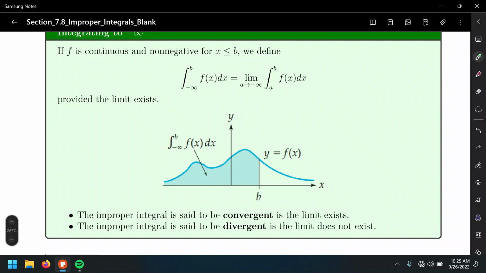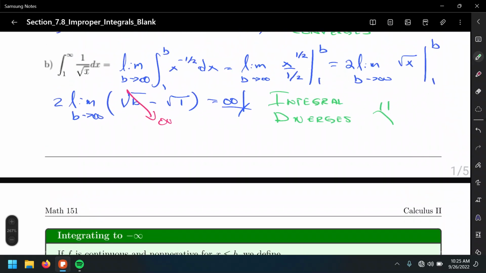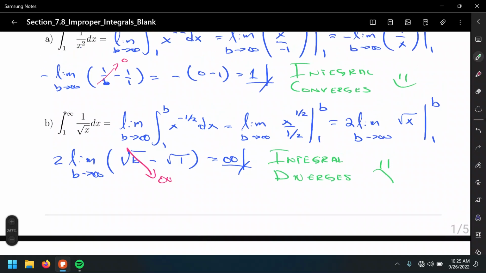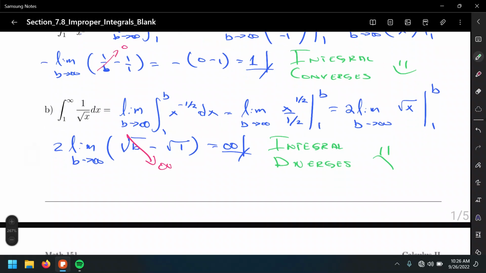And the notation this time is going to change. Notice for the first case, the upper limit was positive infinity. And that corresponded to b going to infinity. In this case, it is the lower limit which is negative infinity.